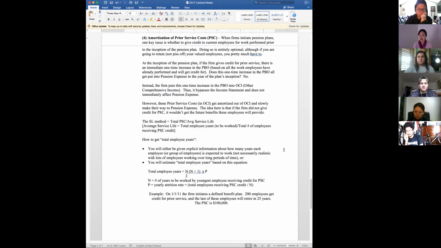Therefore, to make employees happy, most likely your employer will decide to give compensation for the service provided before they had any defined benefit plan. This cost to the company is called the prior service cost.